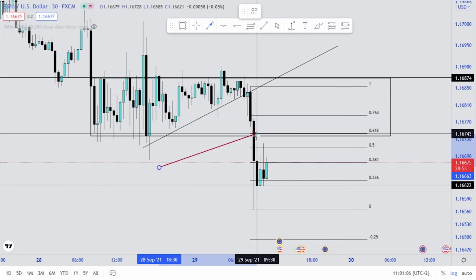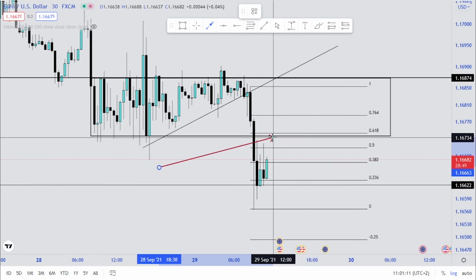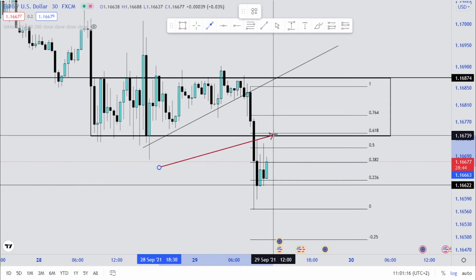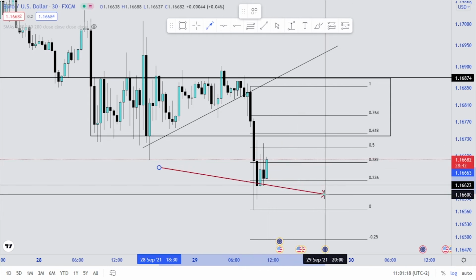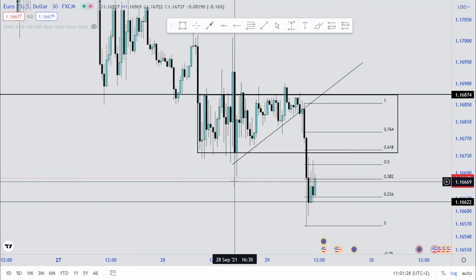So if market structure breaks to the downside, price will most likely come and test this 618 region here on my box range, and then continue to the downside and come and test this demand zone on a weekly level area.